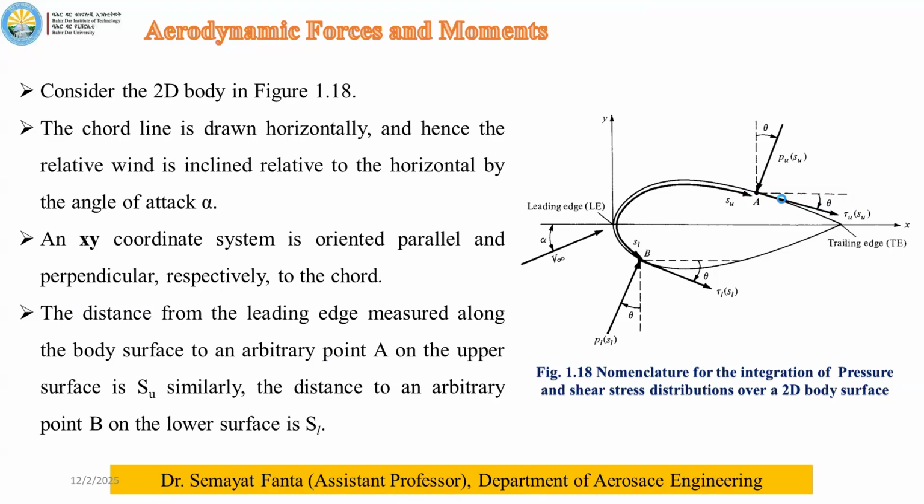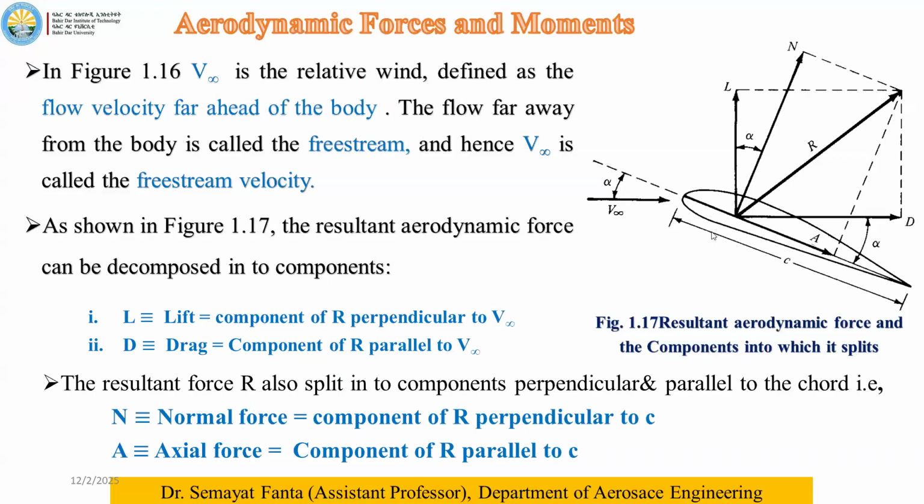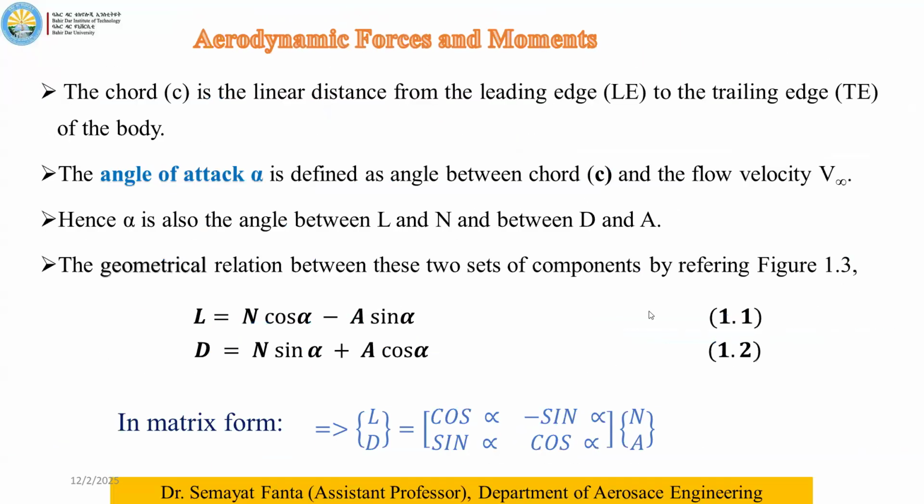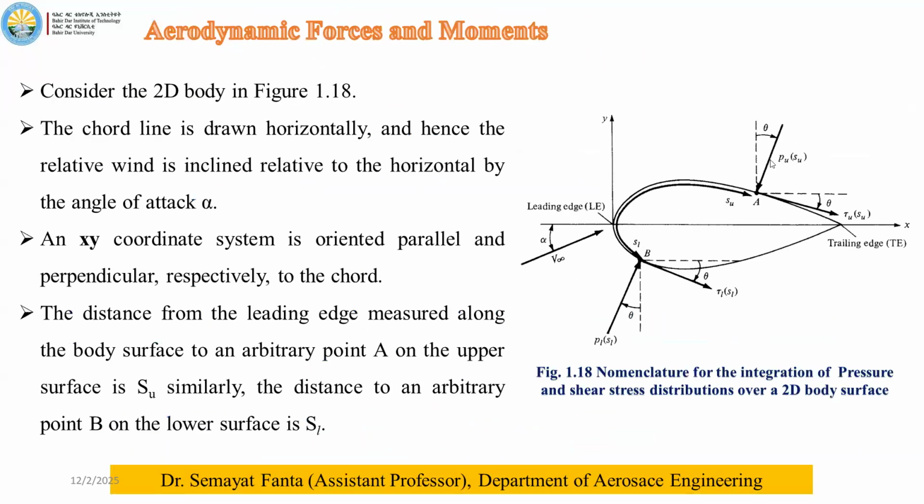Here, as I told you, pressure is perpendicular, shear is tangential. How about here? Here also, pressure is perpendicular to this surface at this point, and shear force is tangential.